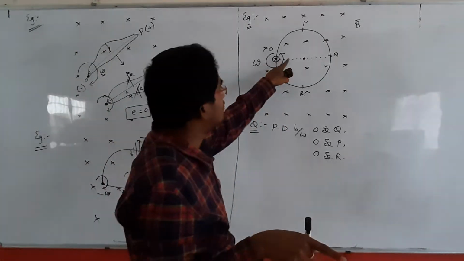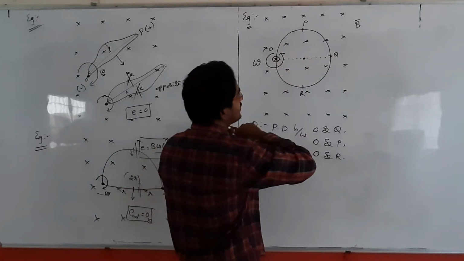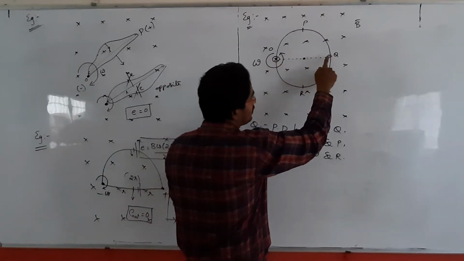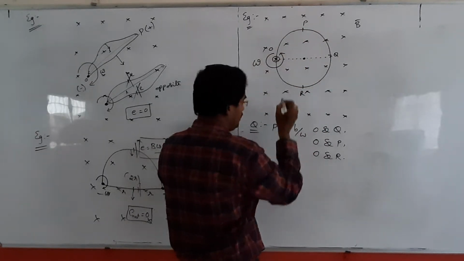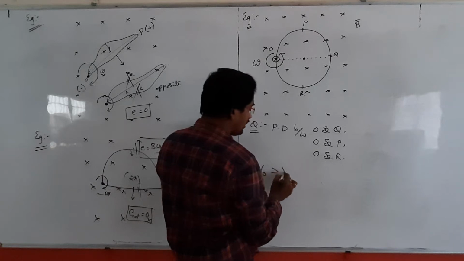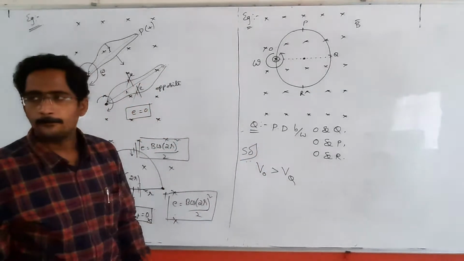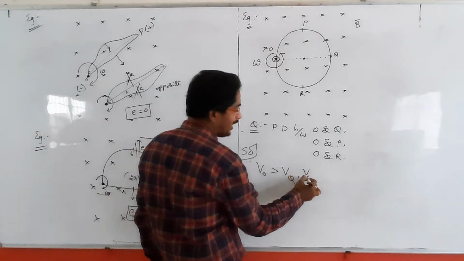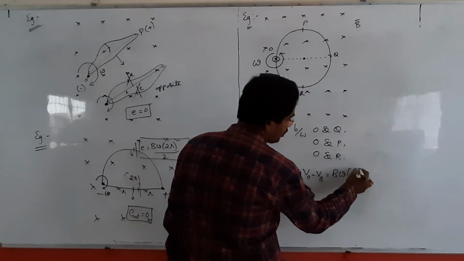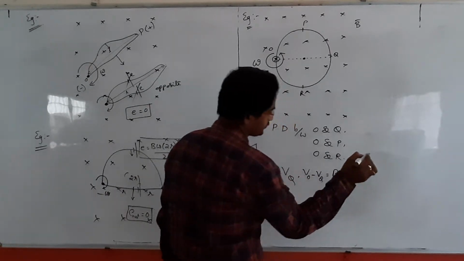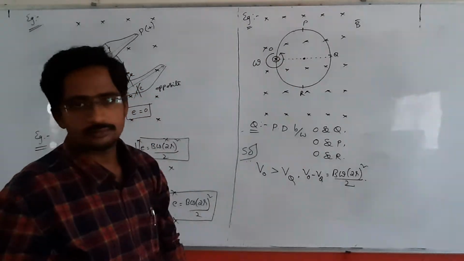What is the length of this? 2r. Then what is the induced EMF? This rod is moving this way. So O is at high potential, Q is at low potential. By that, how can we write VO minus VQ here? B omega (2r) whole square by 2. That is the potential difference between O and Q.